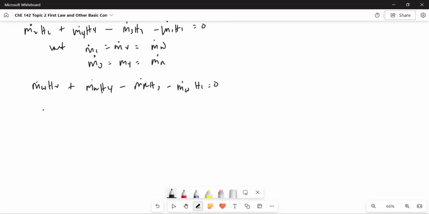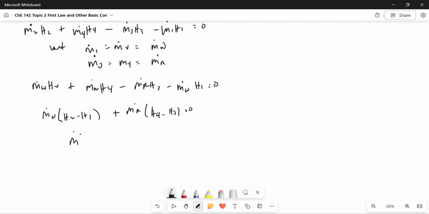And then we group similar terms. So we have all the information except for MW.